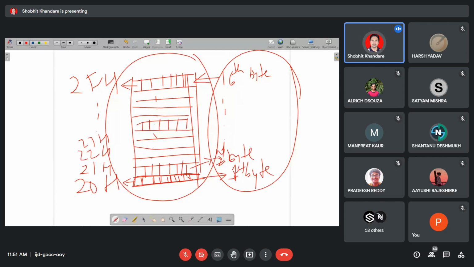I want to change the content of this bit. यहाँ पे अगर 1 है, उसको मुझे चेंज करके 0 लाना है.